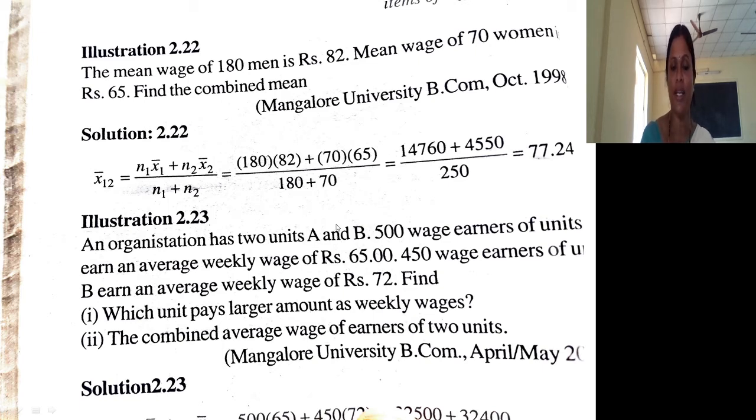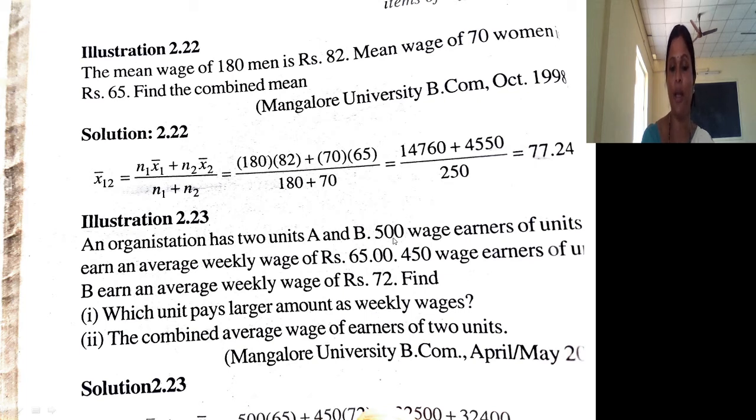There are two units in an organization, unit A and unit B. There are 500 workers in unit A. There are 450 workers in unit B. The arithmetic mean of wage of the 500 workers in unit A is 65. The arithmetic mean of wage in unit B is 72 rupees. Which unit pays the larger amount as weekly wages?